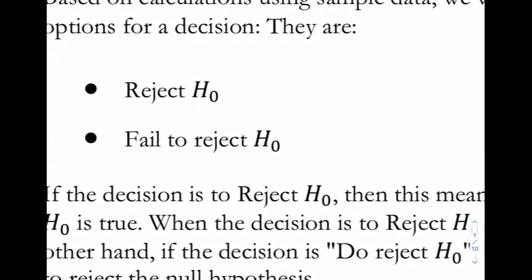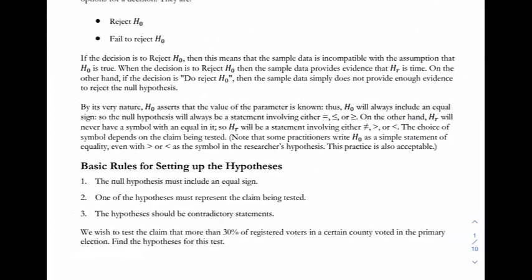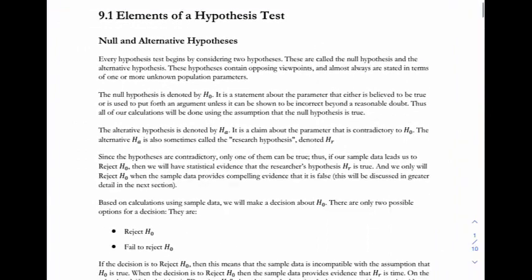We'll also talk about things like down here at the bottom, reject and fail to reject, why that is, and then go over some basics for a hypothesis test. So let's go back up here at the top and begin.